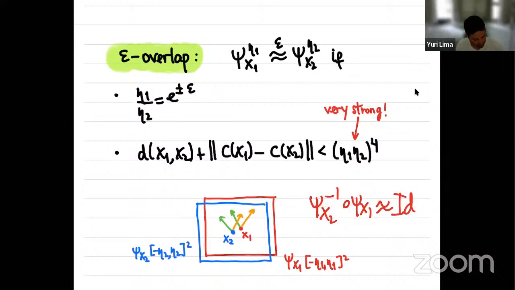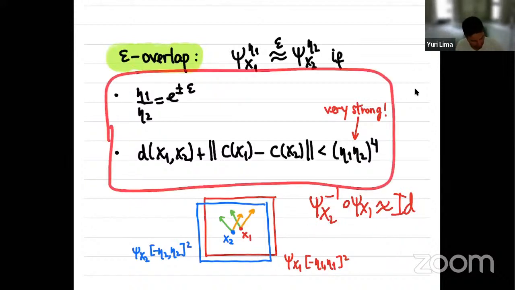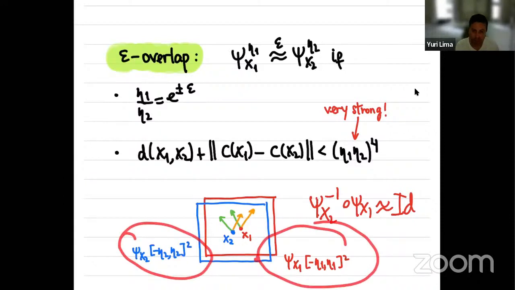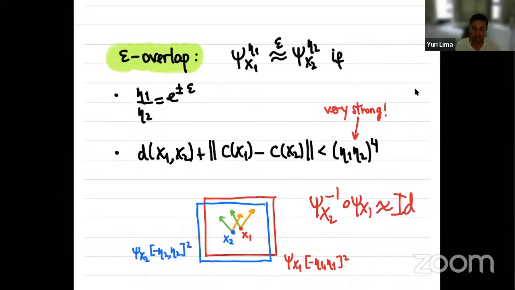Now, we need these stronger assumptions in order for this change of coordinates to be close to the identity. So this is in some sense saying that if you have epsilon overlap, it makes no difference if you consider this passing chart or this passing chart to analyze the manifold in the neighborhood of these points.